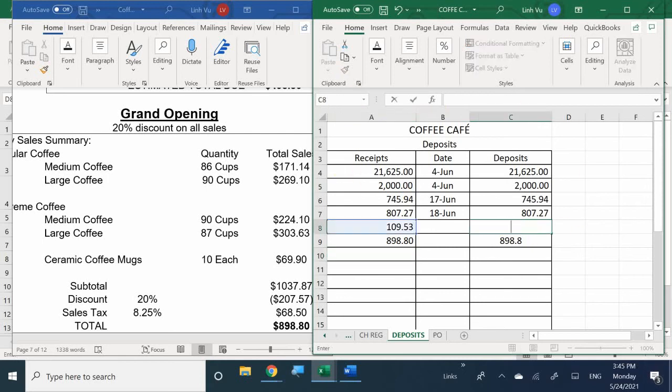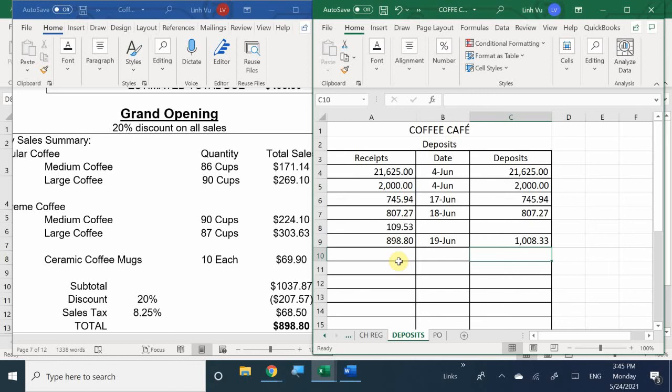As you can see, my Excel thinks it's smart and started doing the calculation for me, but that's not the case. Here, I'm going to deposit both cash and check together in one deposit. So I enter this plus my cash sale, my check and my cash combined, to deposit a total of $1,008.33.